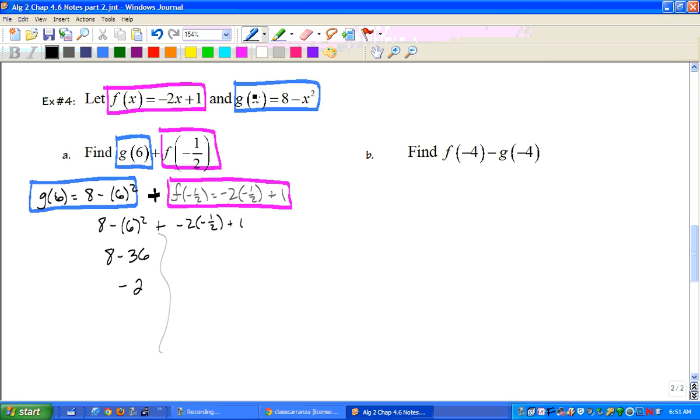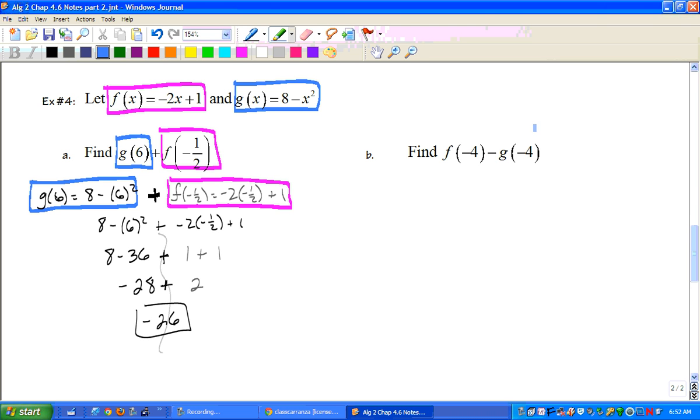I think I did that too fast in my head. Negative 28. Other side: negative 2 times negative 1/2 is positive 1. 1 plus 1 is 2. And then our final answer, negative 28 plus 2 is negative 26.